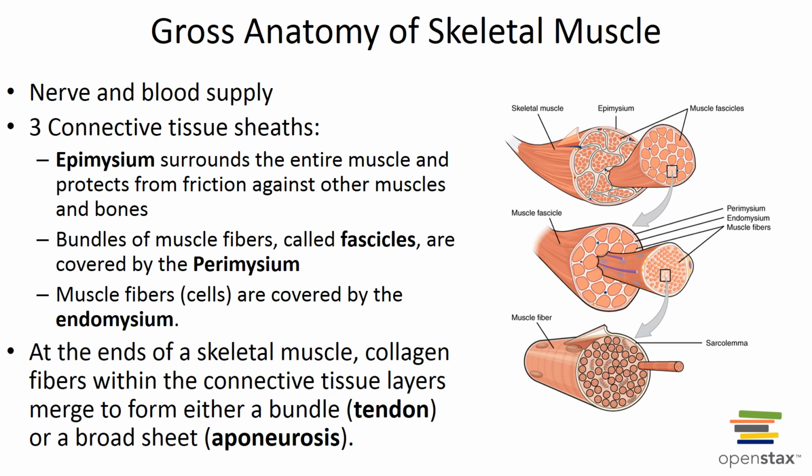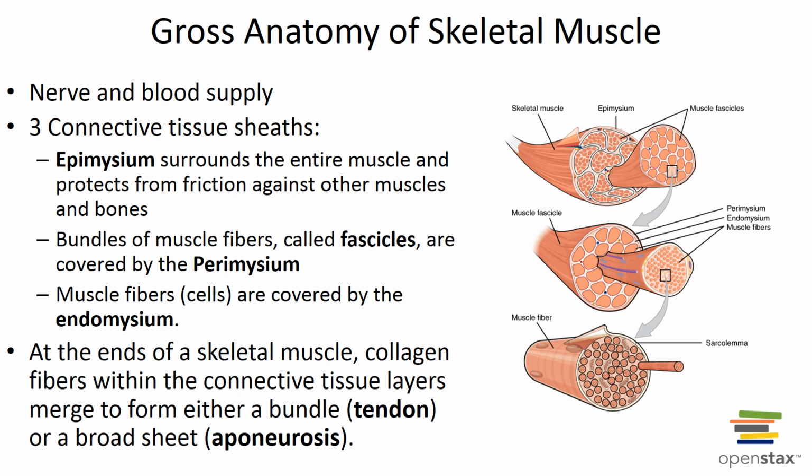Each fascicle is composed of numerous muscle cells, which are also called muscle fibers because of their long cylindrical shape. Each muscle fiber is composed of myofibrils. And a myofibril is composed of two contractile proteins called myofilaments. We'll examine that in more detail in just a moment.